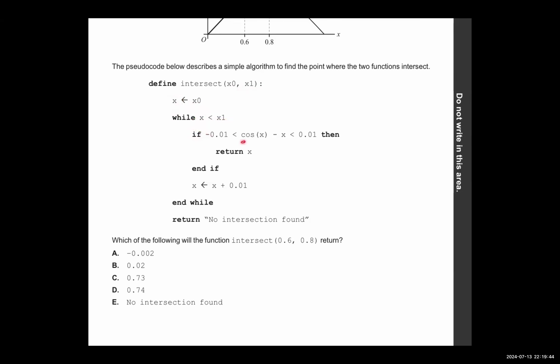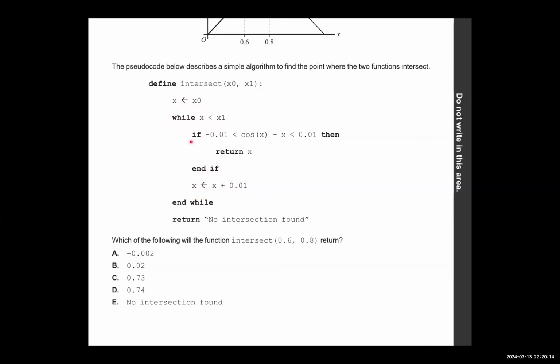Here is a condition. If the difference between cosine x and x for whatever x I assigned currently is between -0.01 and 0.01, then we return x. And then you have this thing here that keeps the iteration going within the while loop.